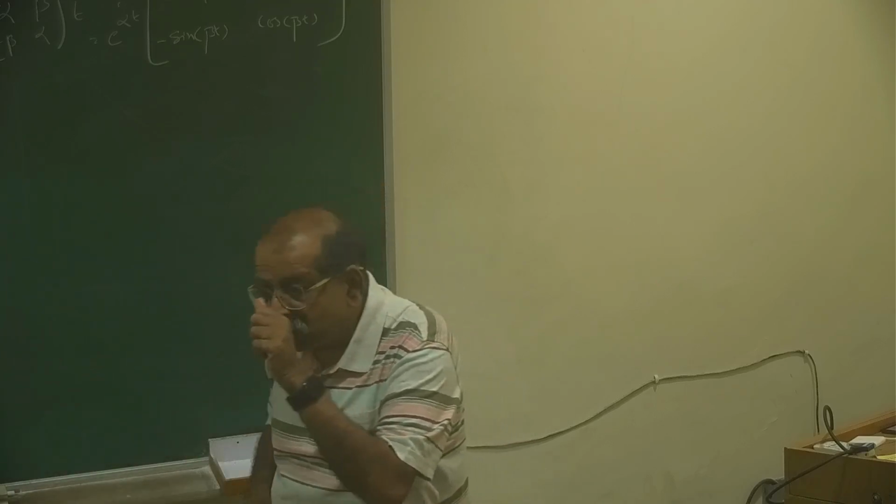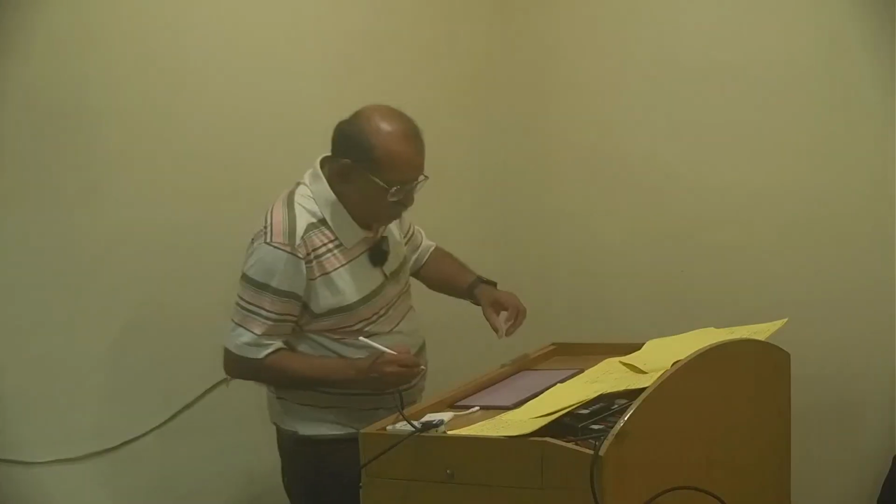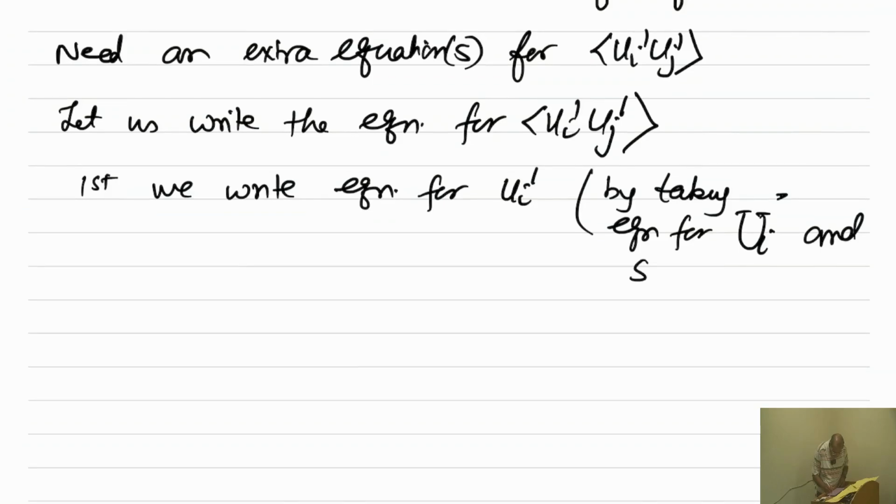First we will write the equation only for ui prime. And as I said in the last class, we write this equation by taking the equation for ui and subtracting the equation for the mean of ui.